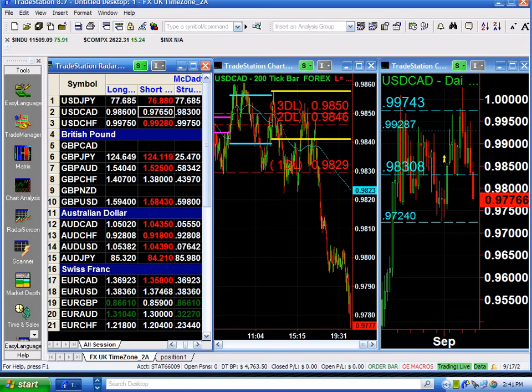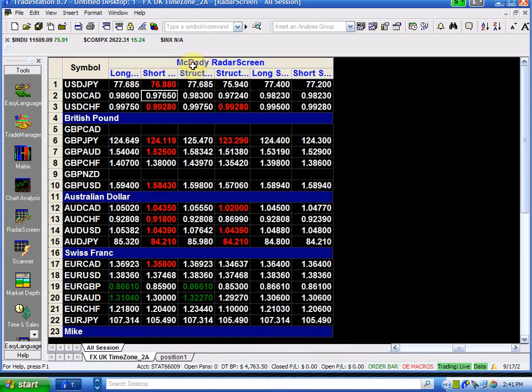Okay, so to wrap the dollar CAD, our long point is 98.60.